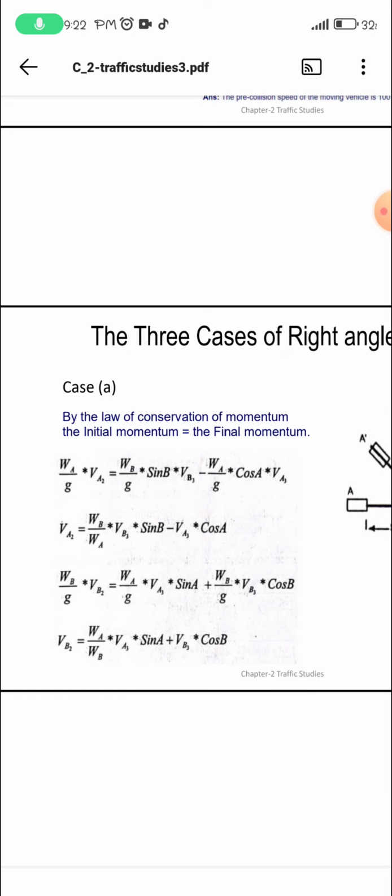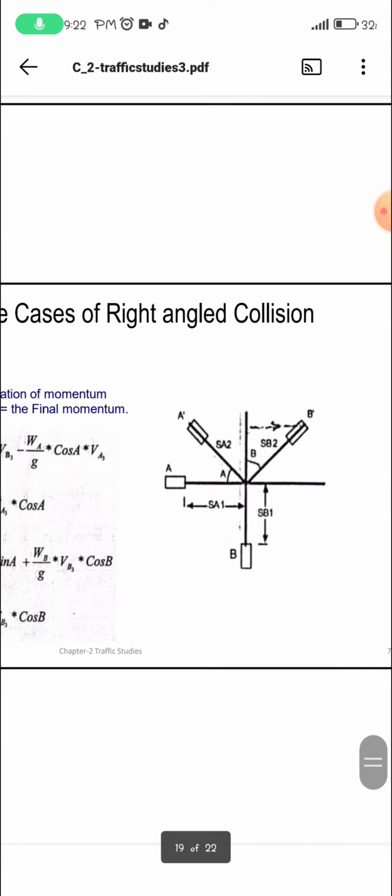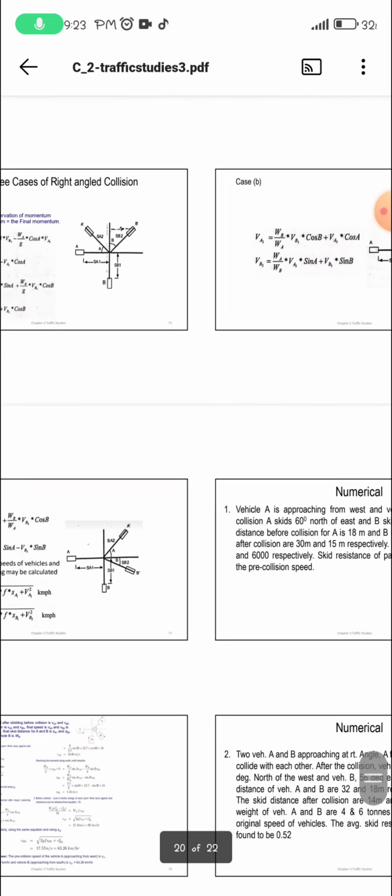WA by g into VA2 equal to WB by g into sin B into VB3 minus WA by g into cos A into VA3. VA2 equal to WB by WA into VB3 into sin B minus VA3 into cos A. WB by g into VB2 equal to WA by g into VA3 into sin A plus WB by g into VB3 into cos B. VB2 equal to WA by WB into VA3 into sin A plus VB3 into cos B. Case B. VA2 equal to WB by WA into VB3 into cos B plus VA3 into cos A. VB2 equal to WA by WB into VA3 into sin A plus VB3 into sin B.